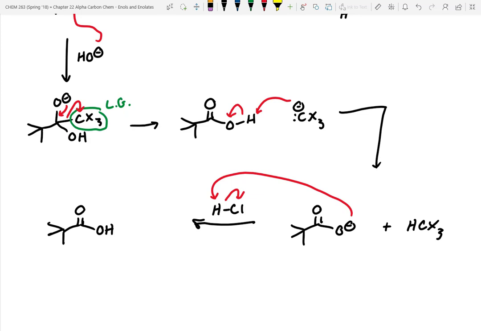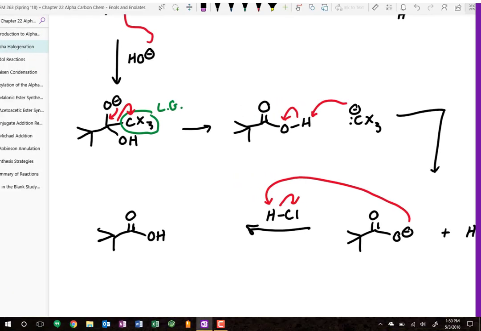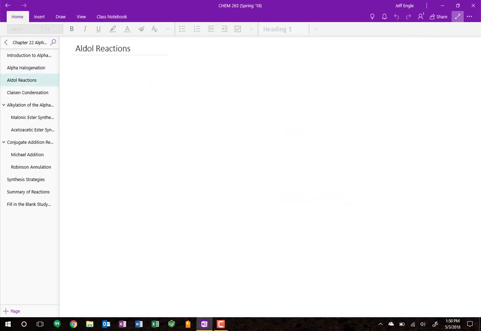Now we get to start doing some interesting chemistry. We're going to start off with the aldol reaction. The aldol reaction is usually done with aldehydes. I'm just going to write usually an aldehyde.